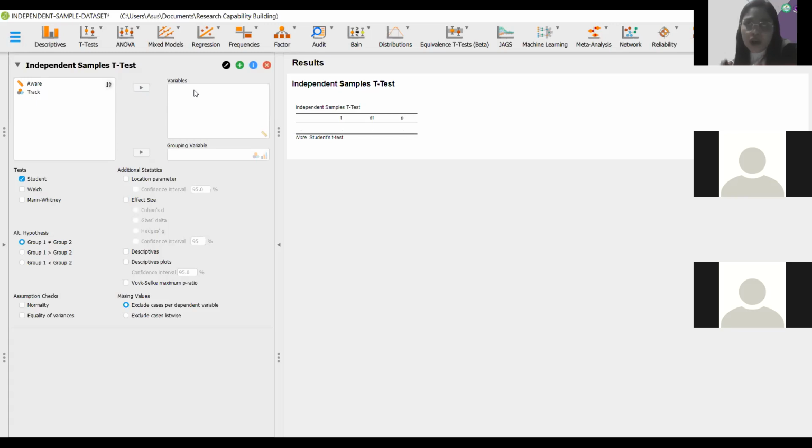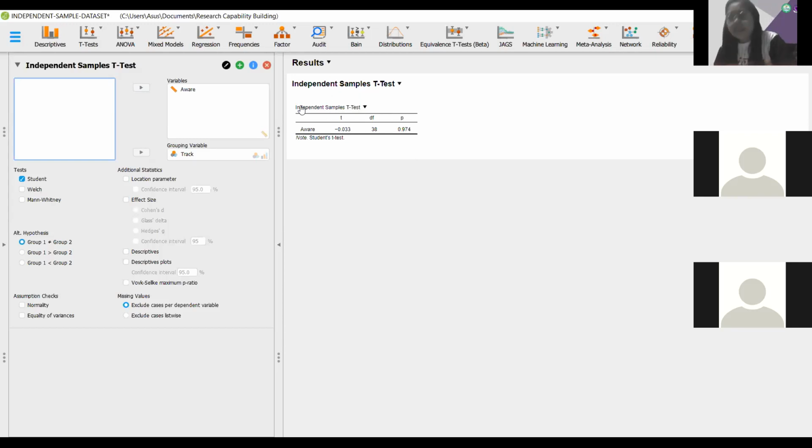Itong variables, ito yung outcome variable natin, which is the level of awareness. Ita-transfer mo siya dyan. Itong track naman, ito yung independent variable natin or yung grouping natin, babae or lalaki. Dito mo siya ilagay sa grouping variables. Okay? Now let's wait for the just to compute. Ayan. So here it is now, the result of the independent sample t-test. You have there the t-score, that's negative 0.033.